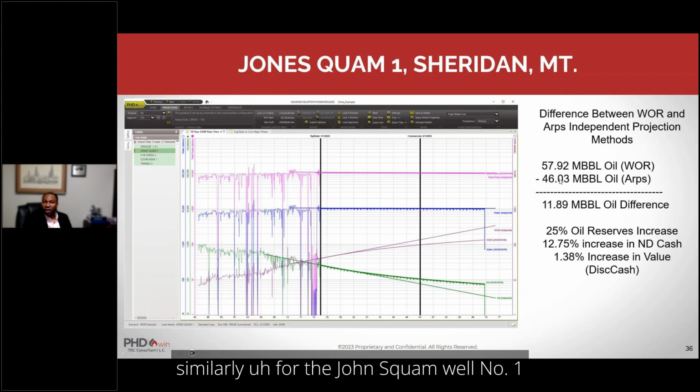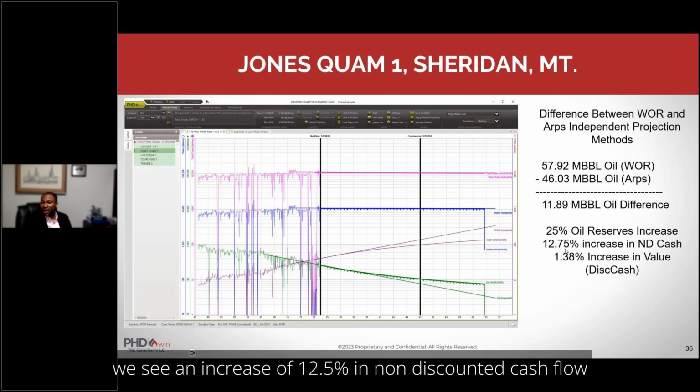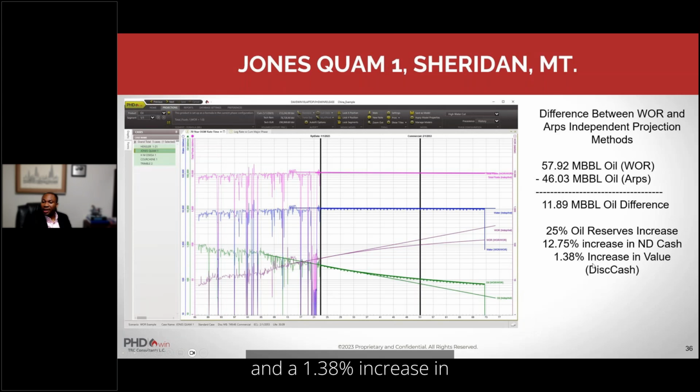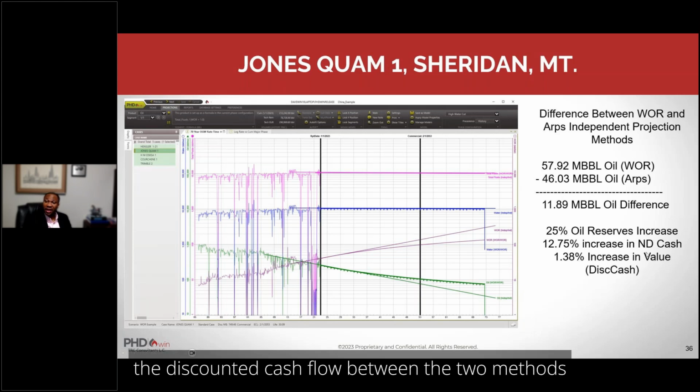Similarly, for the Jones-Quam well number 1, we see a 25% difference for the oil reserve, a 12.5% increase in non-discounted cash flow, and a 1.38% increase in the discounted cash flow between the two methods.